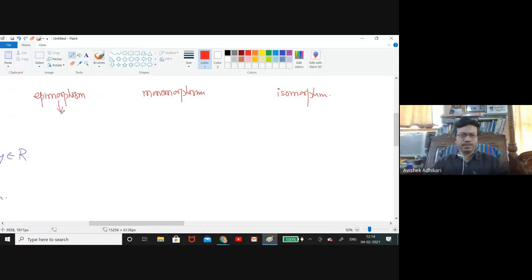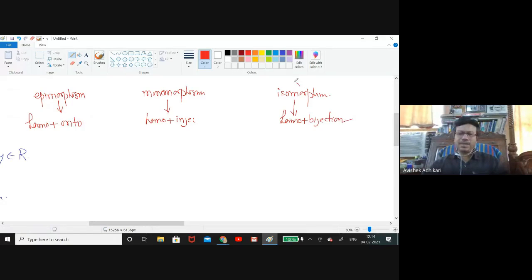Epimorphism means a homomorphism plus onto, that means surjective. Monomorphism means homomorphism plus injective. And isomorphism is homomorphism plus bijection, meaning both.